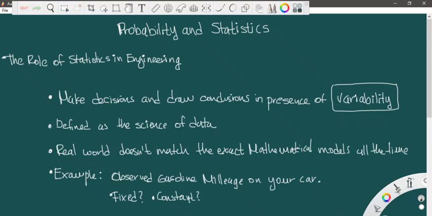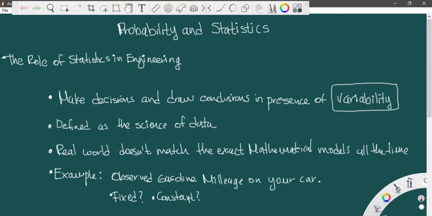Believe it or not, if you are going to work in the manufacturing industry or in maintenance or in design, whatever field of application that you choose to work on, you cannot escape this probability and statistics application.